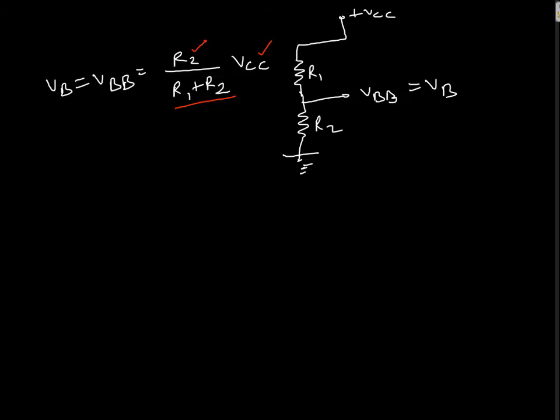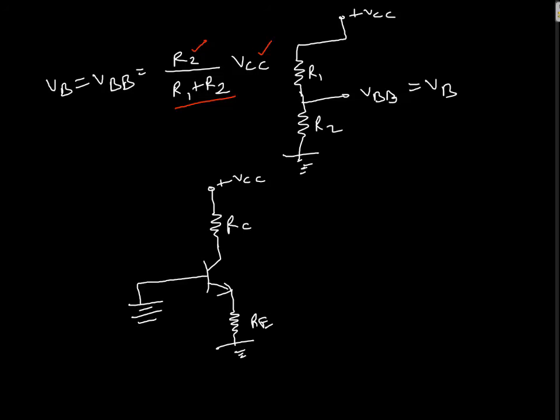Now, keeping this in mind, the equivalent circuit of the voltage divider we can draw like this. This was plus VCC, this is RC, this is the NPN BJT, this is RE. Now from here we are replacing the base resistances with the voltage we just calculated, which is VBB.